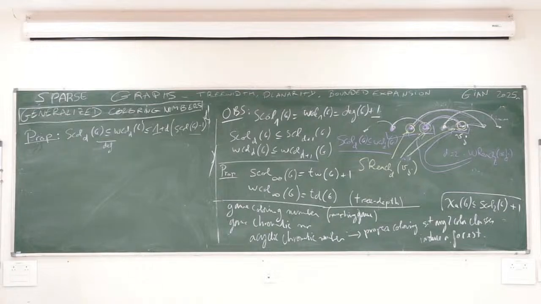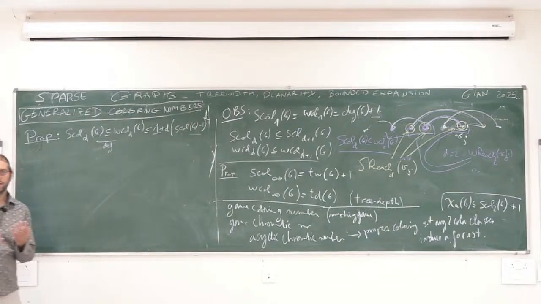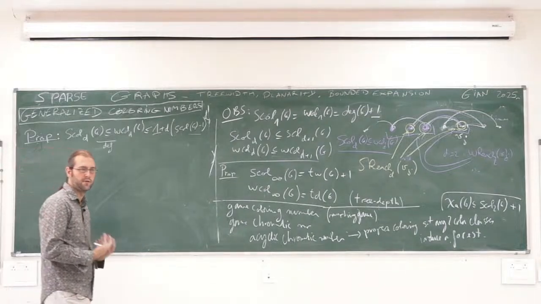So what it means is that if you fix your d and you're not worried too much about constants, or even polynomials, because you're taking this to the power d, then if one is constant, the other is constant. And this will be really nice because it means we'll be able to work with either of them. In fact, in practice, the weak coloring number is the one which is used to prove things.